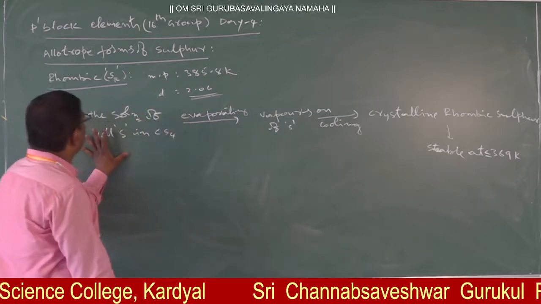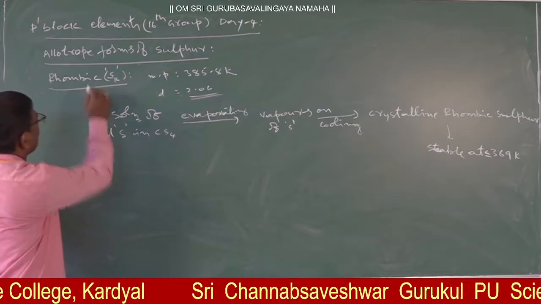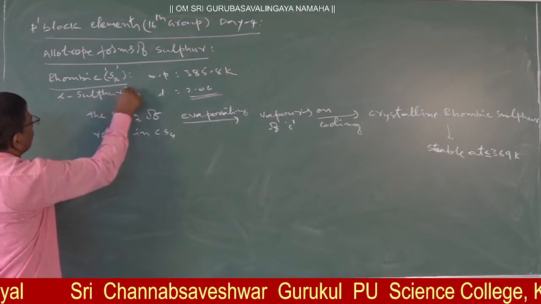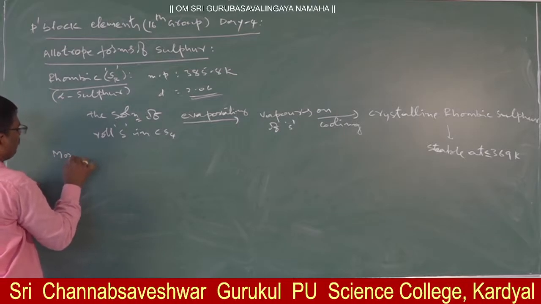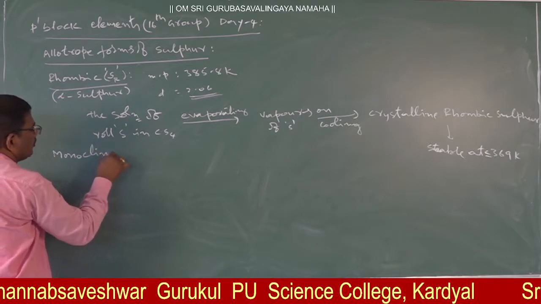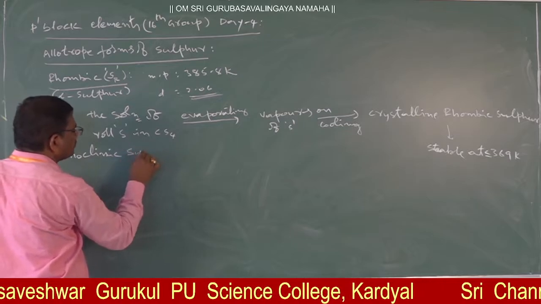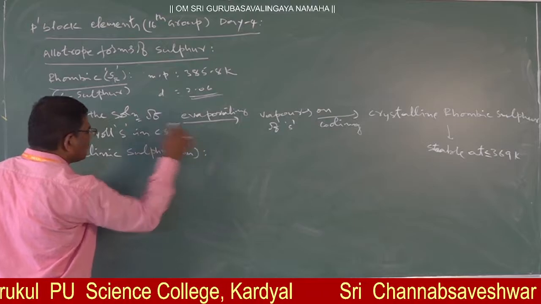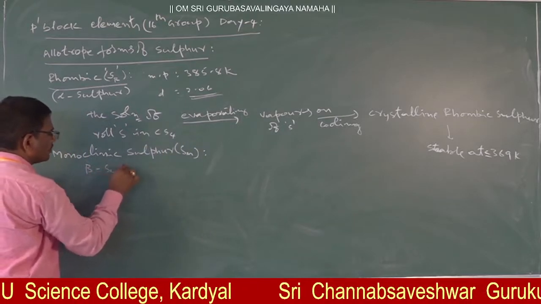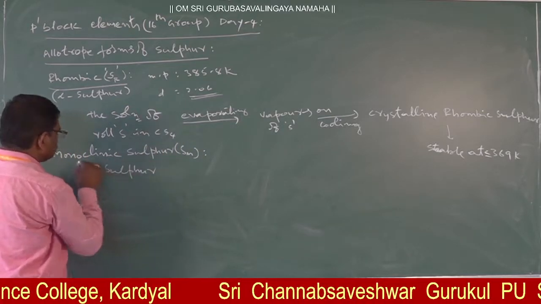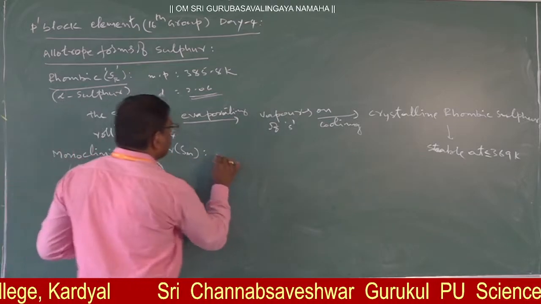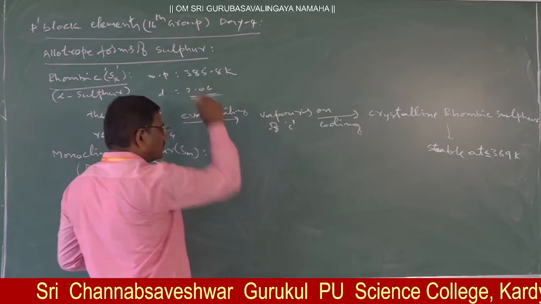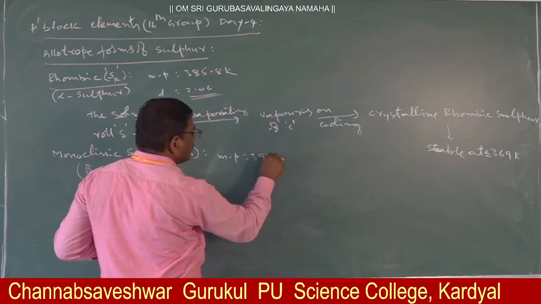This is one of the allotropic forms of sulfur, and rhombic sulfur is also known as alpha sulfur. Whereas monoclinic sulfur is denoted with Sm and is also known as beta sulfur. This beta sulfur's melting point is slightly higher than rhombic sulfur, around 392 Kelvin.